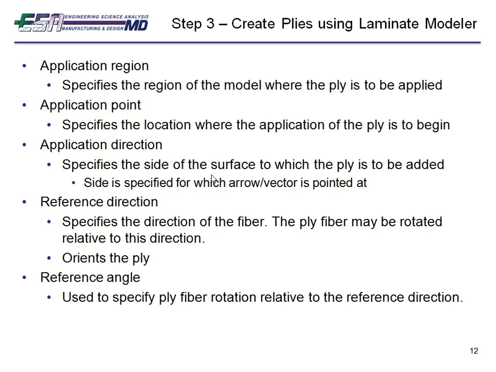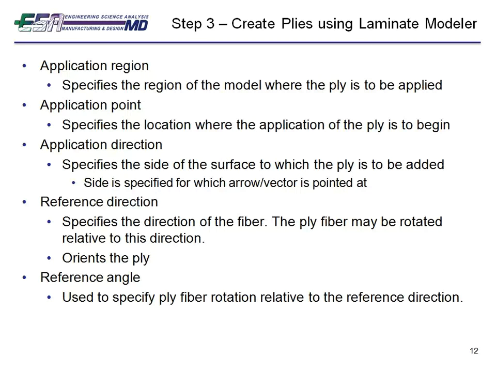So it's whether it's going to be on top of the structure or on the bottom side. Reference direction specifies the direction of the fiber. The fiber may be rotated relative to this vector, and it's used to orient the ply. Reference angle uses the reference direction, and it defines the orientation of the ply direction.